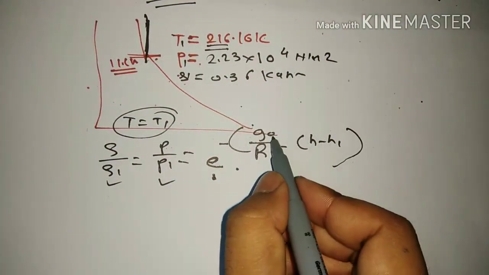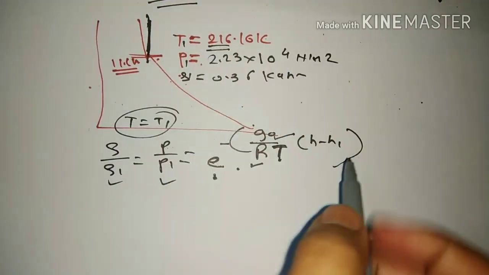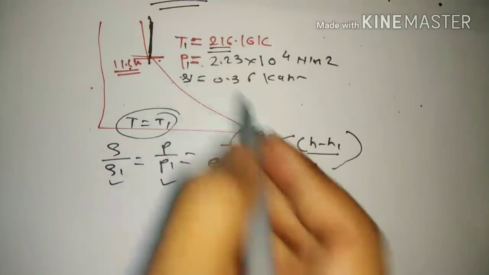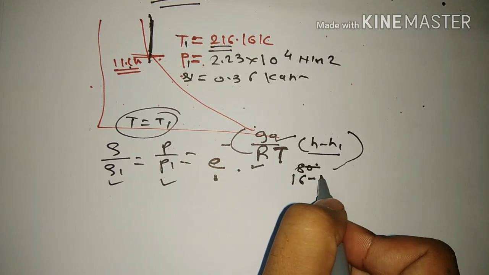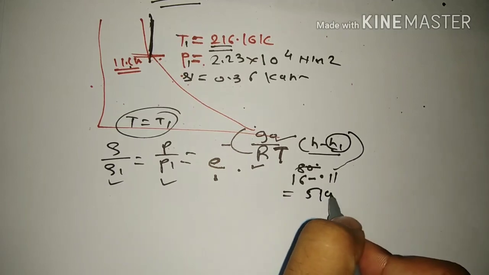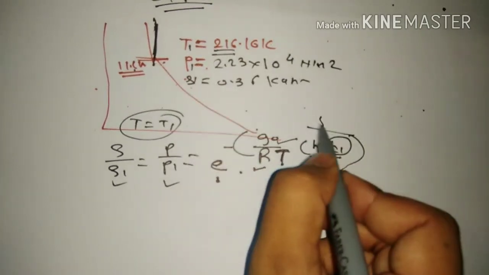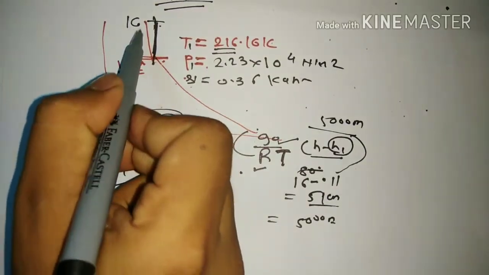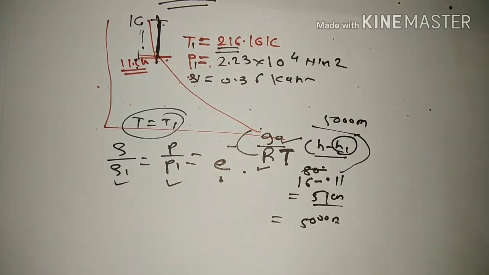So we put GO as 9.81, R as 287, and the temperature as 216. The height is 16 minus 11 kilometer, H1 being the standard value of 11, so it will be 5 kilometer, which means 5000 meter. So H minus H1 is 5000 meter, because this is 16 and this is 11. Putting in these values, you can easily calculate the rho and P values.